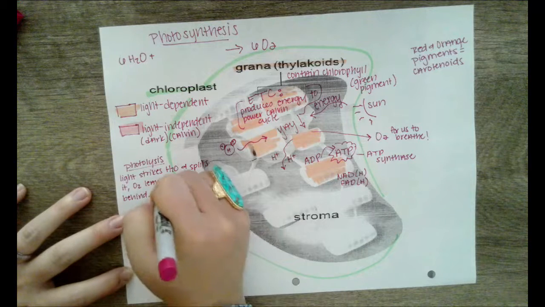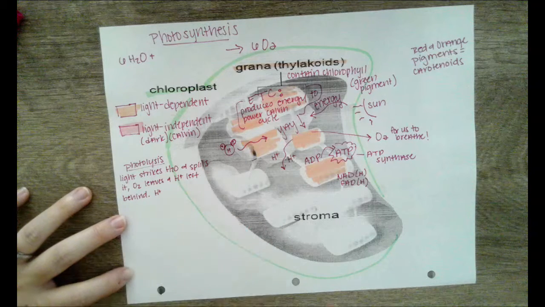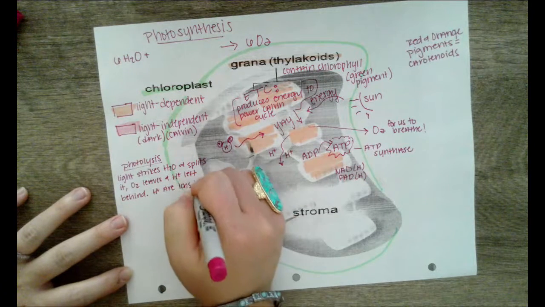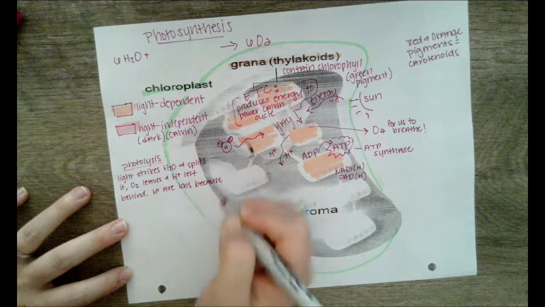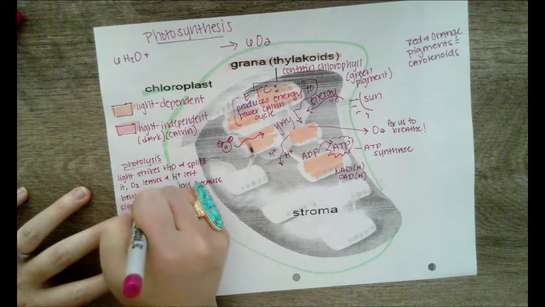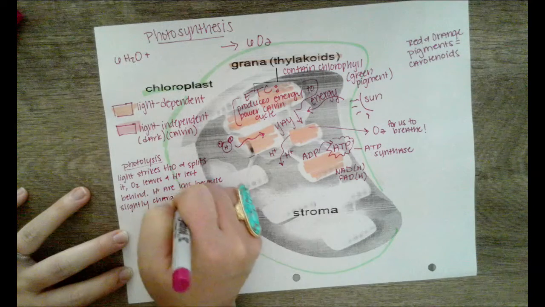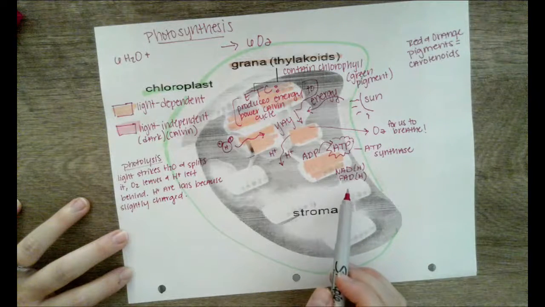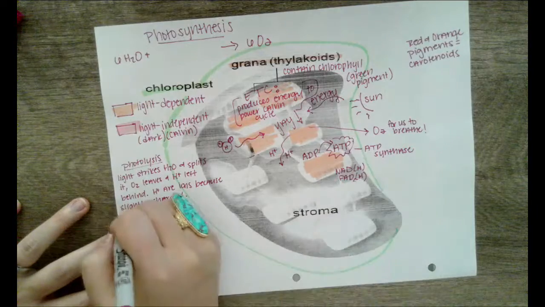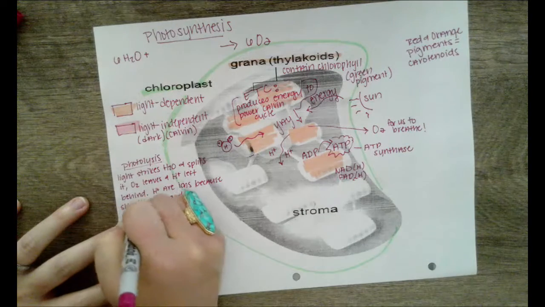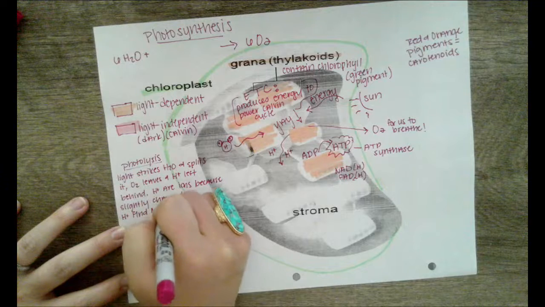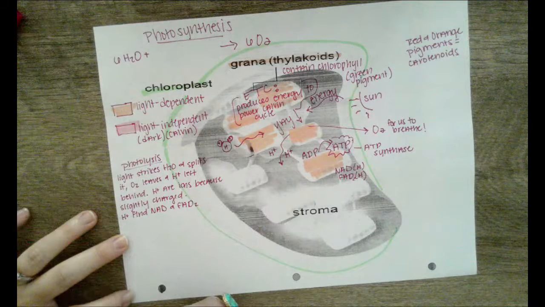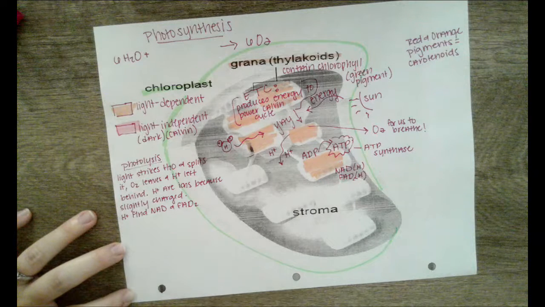The little H's are ions now because they're slightly charged. These hydrogens are going to find the NADP and the FAD. They're going to get together and be energy storage carriers.